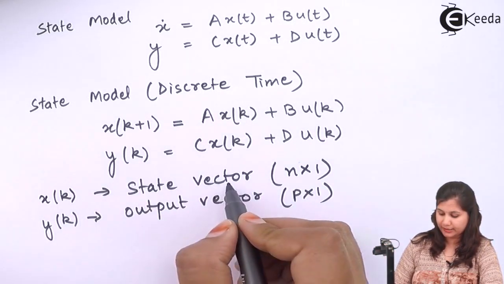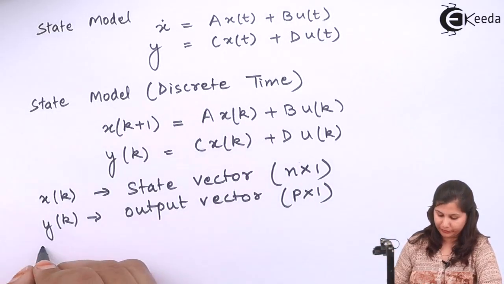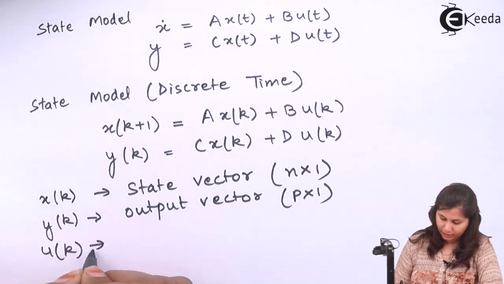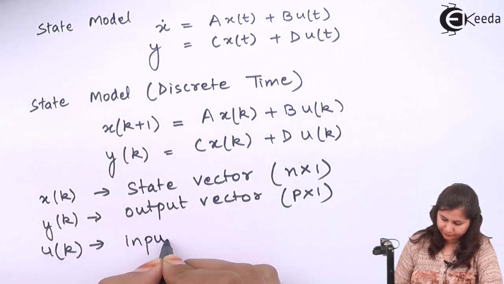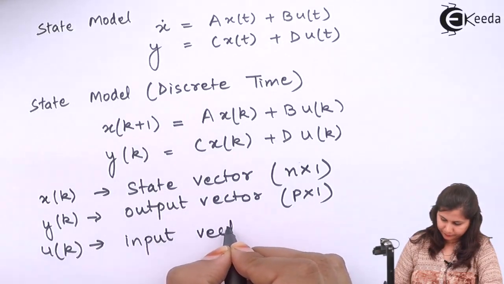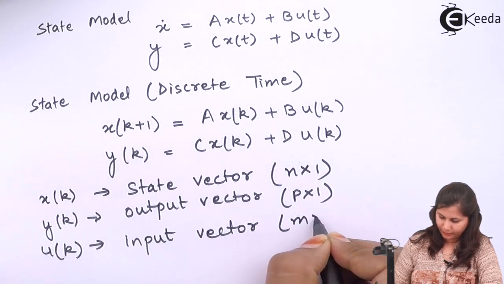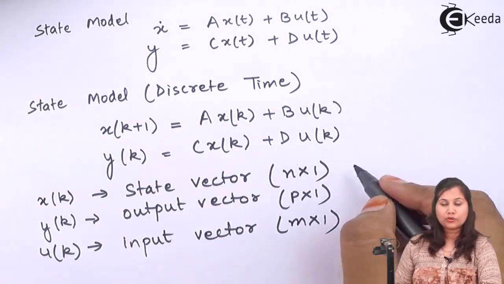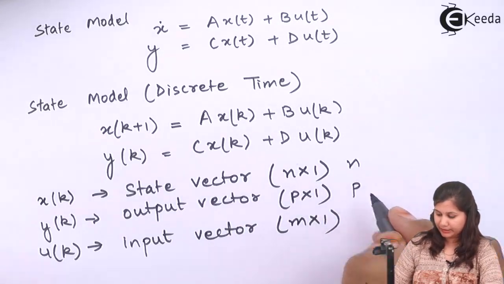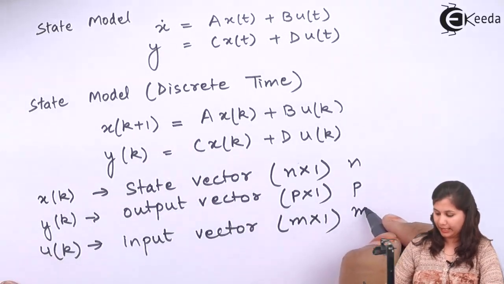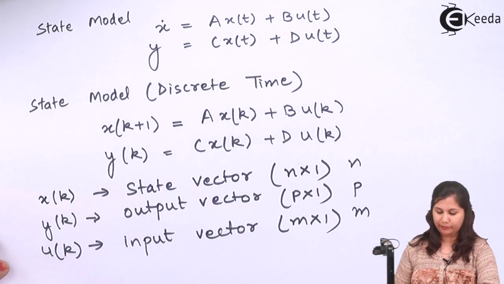N means this state vector has n components. Now u(k) is our input vector of m cross 1. So there are n state variables, p output variables and m input variables.